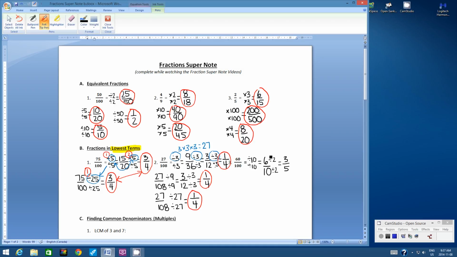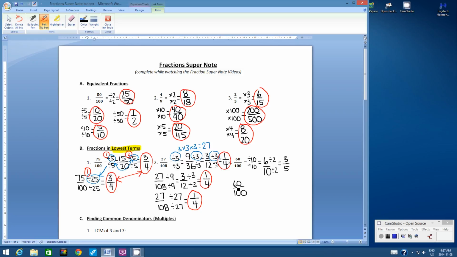All right, so we used 2 steps here. I'm wondering if we could have done it in 1 step. Now, we could have taken a lot more steps if we had divided by 2 first and then divided by 2 again. But let's see if we can find a factor that would allow us to go straight to the lowest terms in 1 step. Well, we divided by 10. I wonder if we can divide by 20.